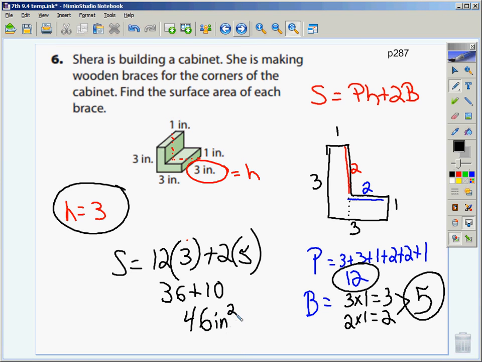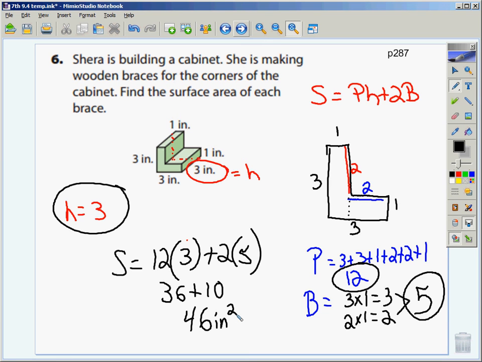Inches squared. Listen, if you do it this way, you really only have to calculate the perimeter and the base of this shape. If you unfolded it and you try to calculate all the individual faces, you'd have 2 L-shaped faces that you'd have to calculate, plus 1, 2, 3, 4, 5, 6 more rectangles.